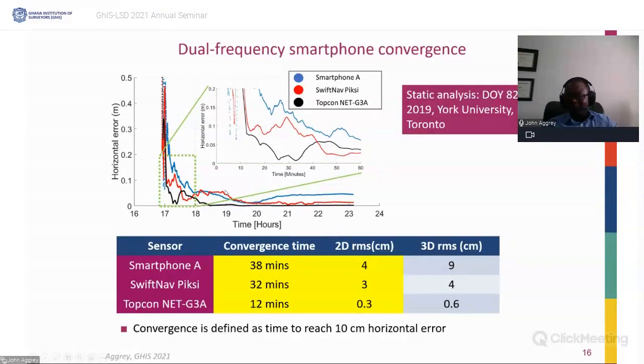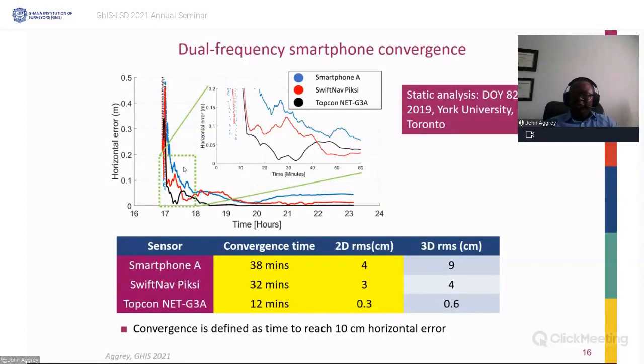And it is possible for you to get decimeter level or centimeter level accuracy using a smartphone. So these results confirm the fact that if I take my smartphone to the field, mount it on a tripod, and wait for about 40 minutes, I can get 10 centimeter accuracy using my smartphone.